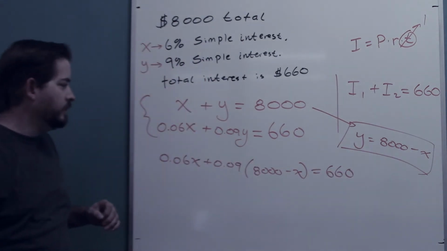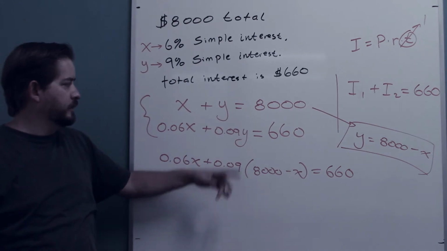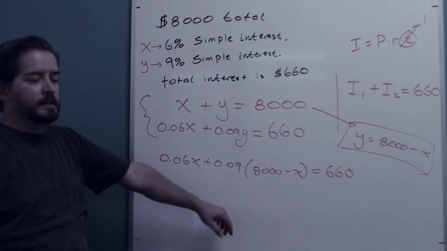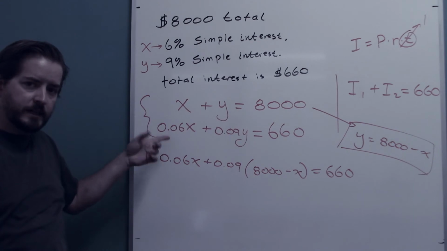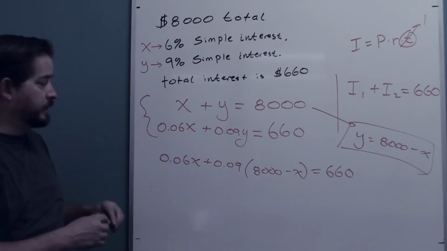Right? I solve for my X, and then I'll plug it back in and solve for my Y. I'm running out of room here, so if you need to write this down, do it, because I'm erasing it so that I can move up.